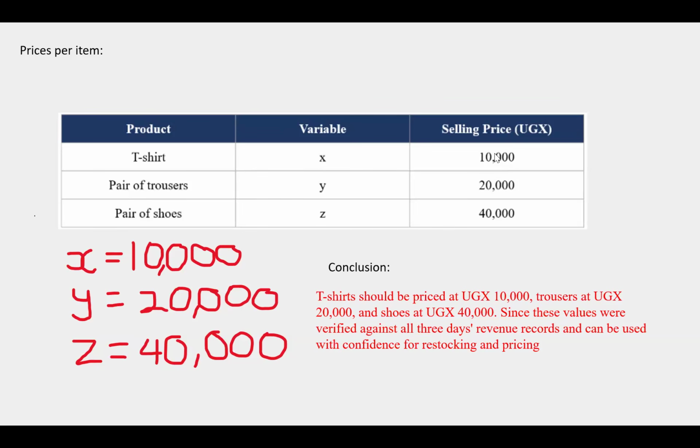So we have been able to achieve our first objective of this particular scenario by identifying the price at which the different items can be sold, a t-shirt being at 10,000, a pair of trousers being at 20,000, and a pair of shoes being at 40,000. So we have completed the first part of the scenario.